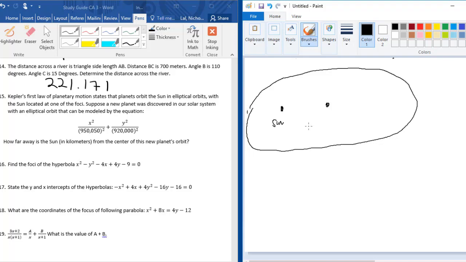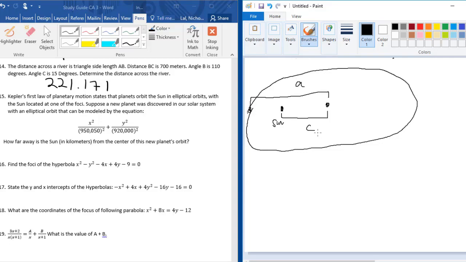What we need to realize is that this distance right here is A, and the distance from the sun to the center is C. So actually, what we need to find is just C. If we can find C, we can find the value of this orbit.